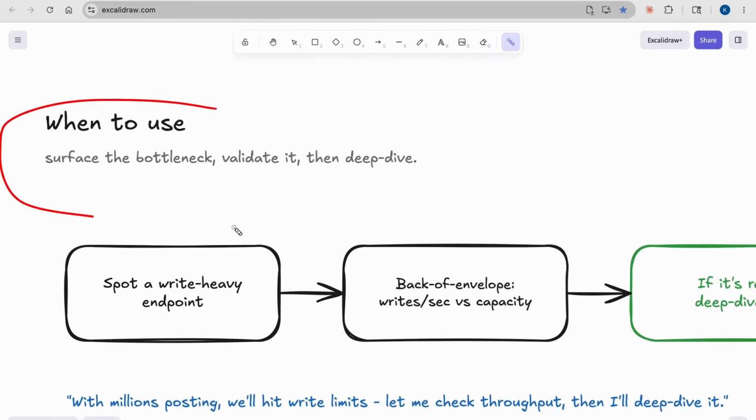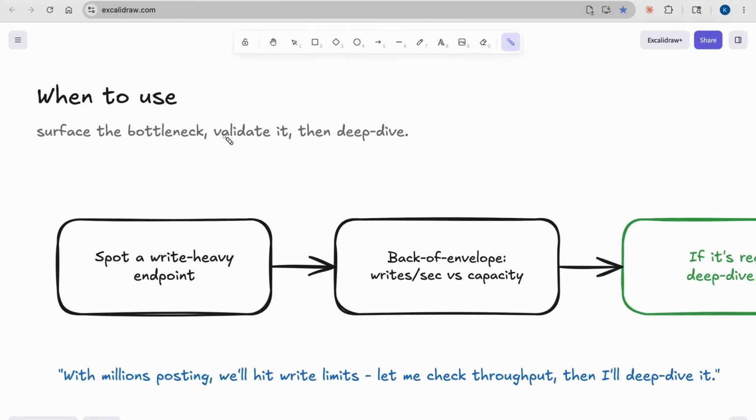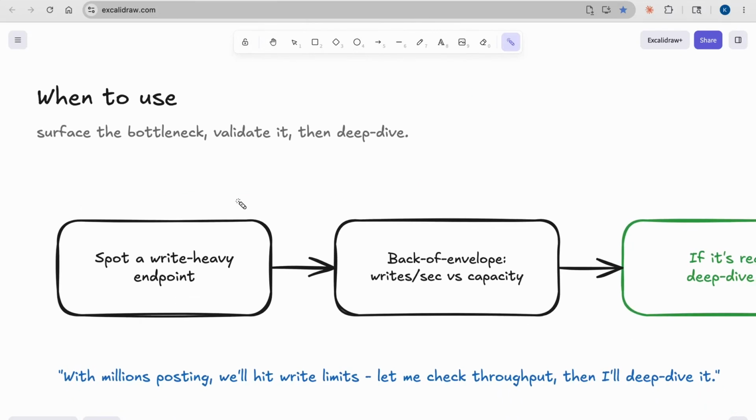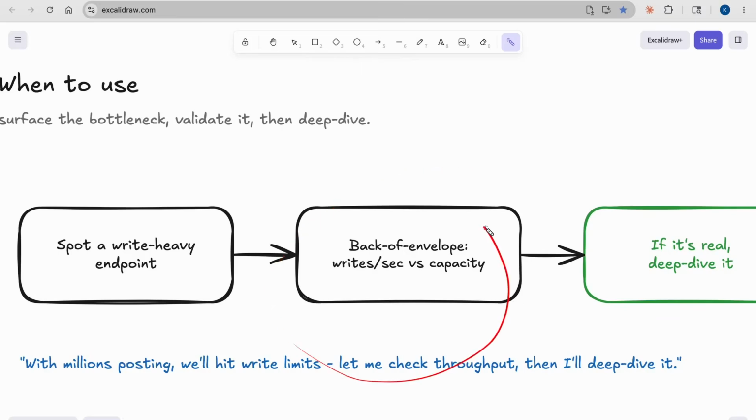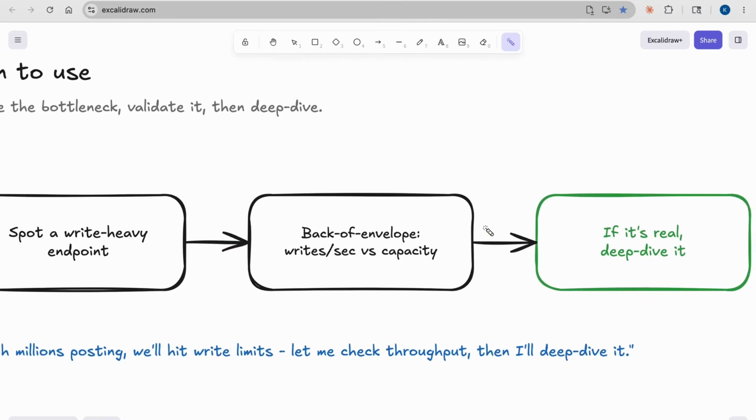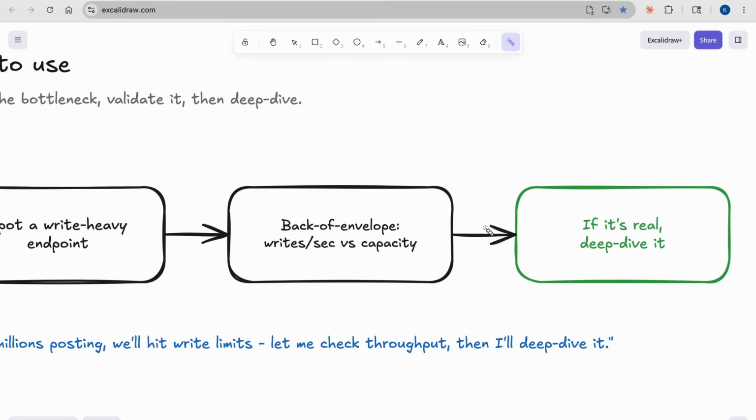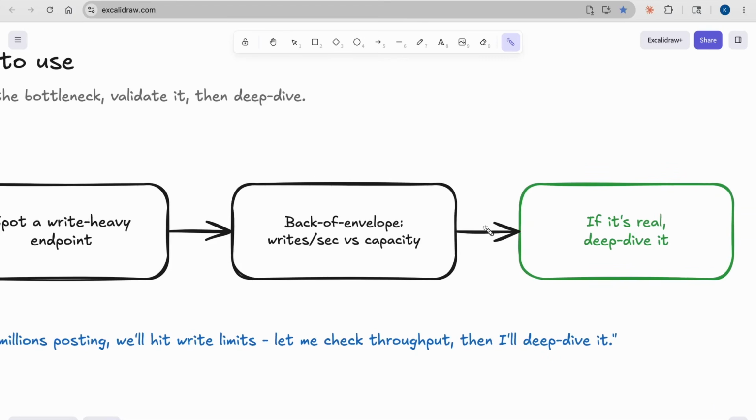Now, as I said, when do we use all of these approaches? The question falls back to identifying which endpoint is very write heavy, then doing some back of the envelope estimations like writes per second versus capacity, and only if we see it's a scaling writes problem, deep diving into one of the approaches discussed above.